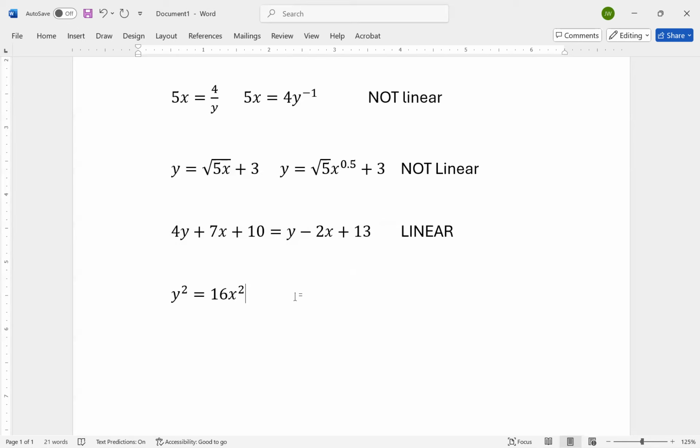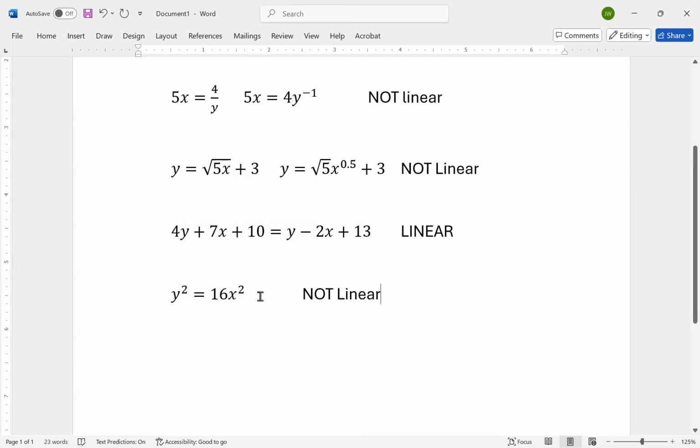y squared is equal to 16 times x squared. That is not linear either because we have x squared and y squared. Again, sometimes you may think, well, could I take the square root of both sides?